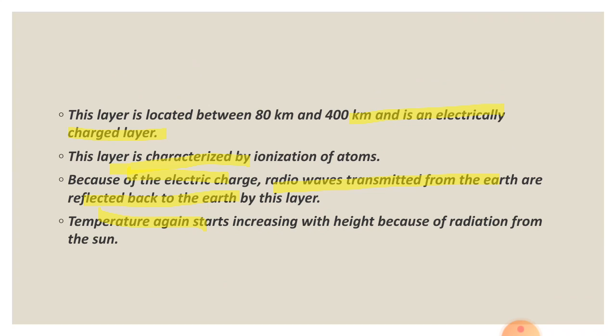Because of this electric charge, when we transmit the radio waves, which are the longest waves in the electromagnetic spectrum, they are deflected toward the other station on the earth, and temperature increases in this layer because we are moving towards the sun. It is getting more and more radiation from the sun.